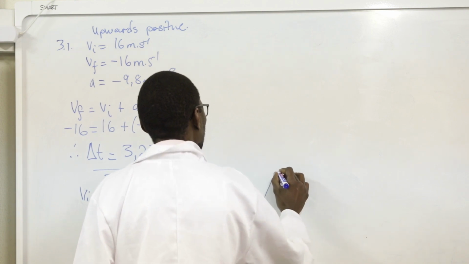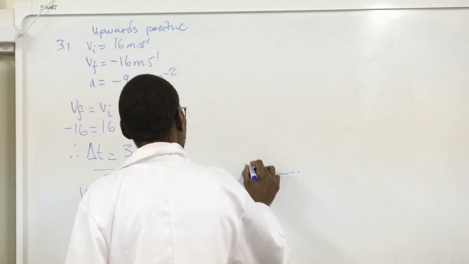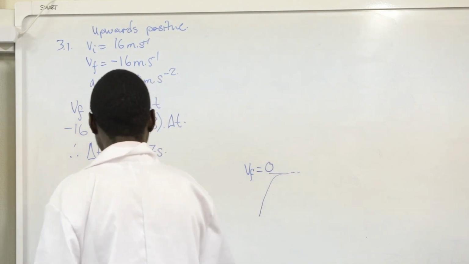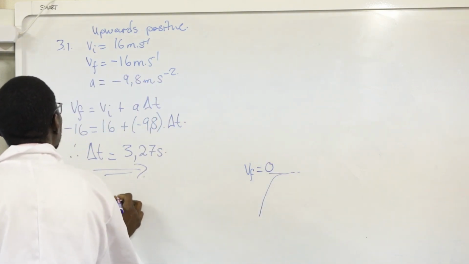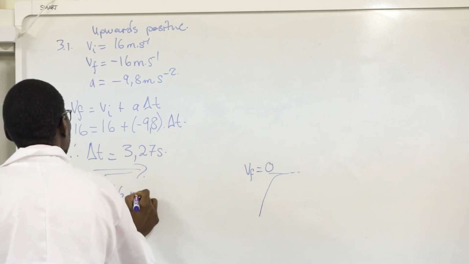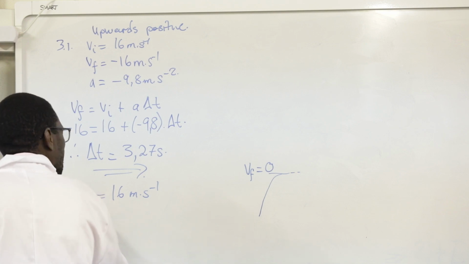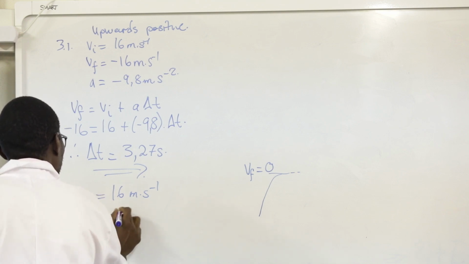Someone else can choose a different parameter where V initial, they take the movement of the projectile up to the highest point, where the V final is the highest point. All right? So V initial will be 16. We are still, in this instance, taking upwards to be positive. And V final equal to 0.